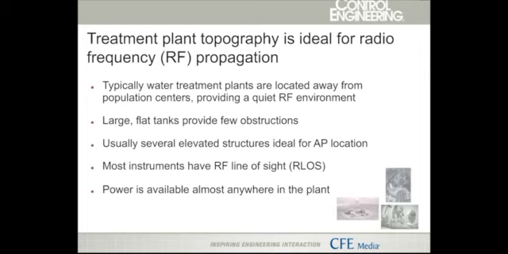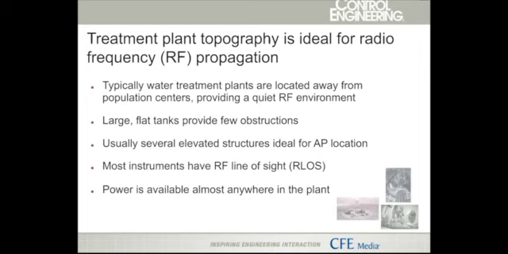The other thing I want to point out to everybody is that treatment plant topography is ideal for RF propagation. Typically, treatment plants are located away from population centers and the RF congestion that goes with it. So you have a relatively quiet RF environment within the fence line. You also have large flat tanks and elevated structures surrounding them.